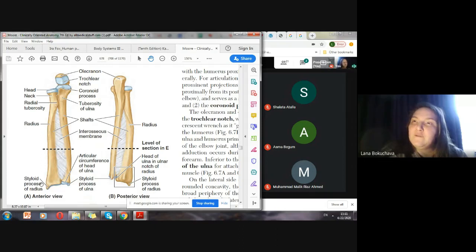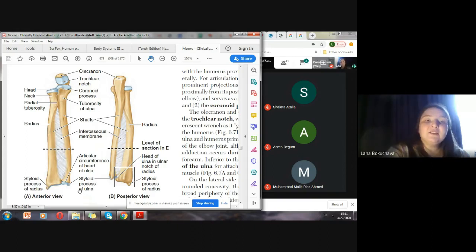In the case of the radius, everything is vice versa. The smaller is the proximal one, and the bigger is always the distal. That's why even in the case of the wrist joint, we mainly have the radiocarpal articulation, rather than a radio-ulnar carpal one.